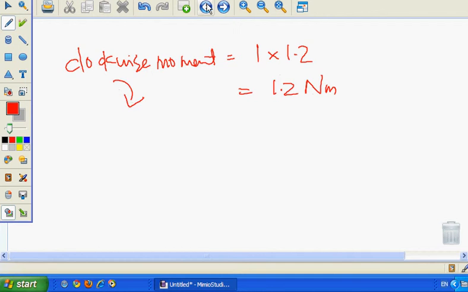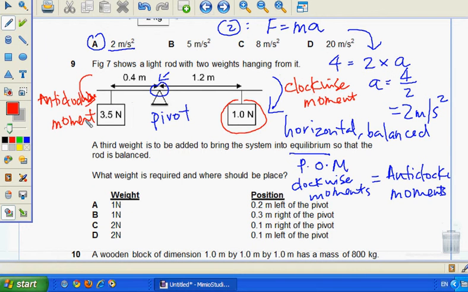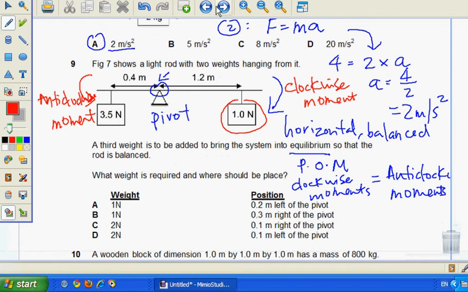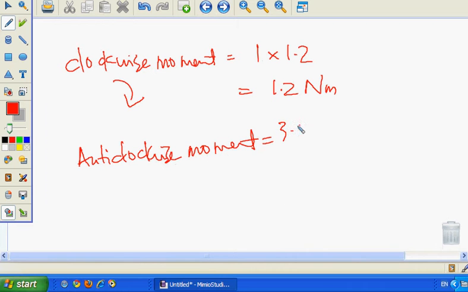Let me now look at my left, which is my anti-clockwise moment. My weight is 3.5 and my perpendicular distance is 0.4 meters. So my anti-clockwise moment is equal to, if you can't recall, go back, it's 3.5 times my 0.4 meters perpendicular distance.